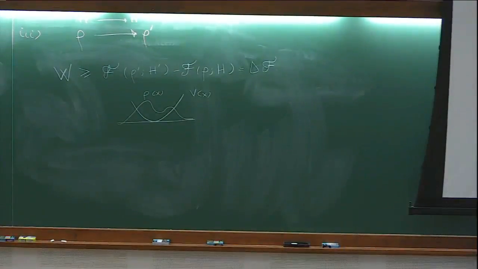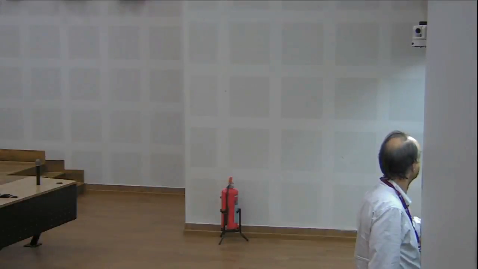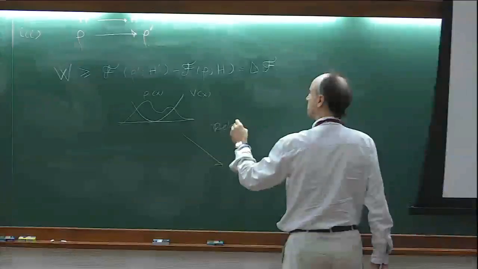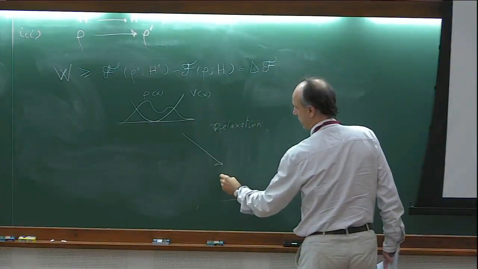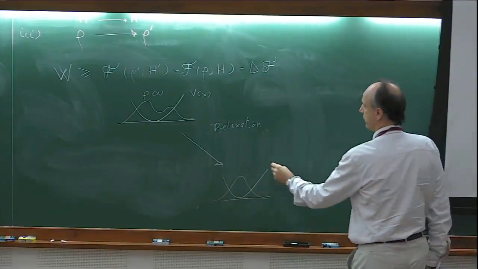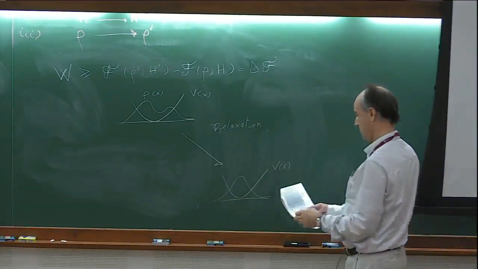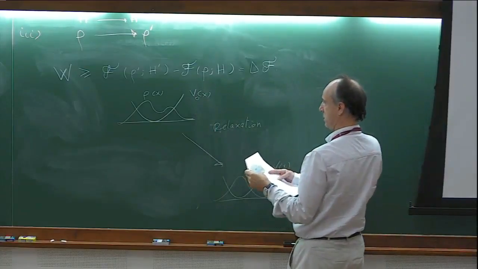And if I let the system relax to equilibrium, so this will be a spontaneous relaxation, my system now will be like that. No, this is V. Let me call this V0 and this rho.